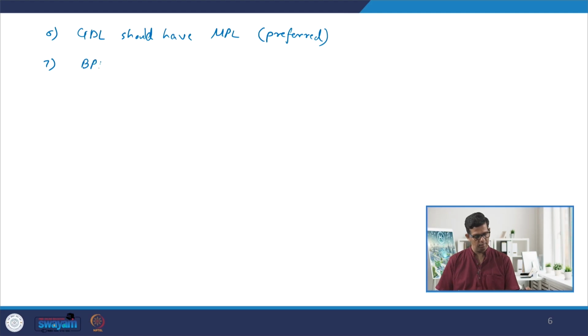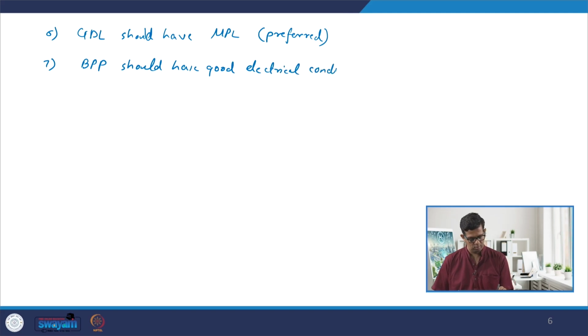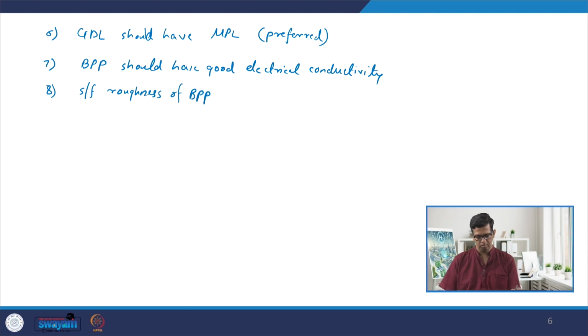So, let me write: the bipolar plate should have good electrical conductivity first, and the surface roughness of the bipolar plate should be low.